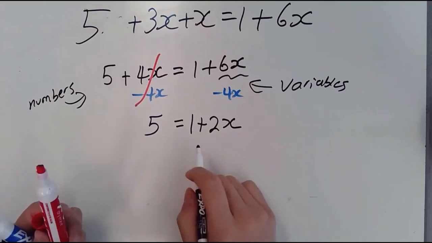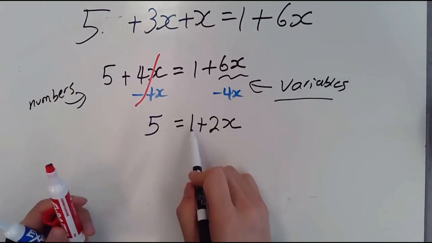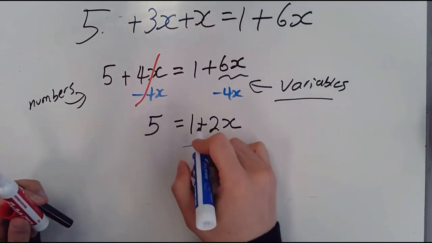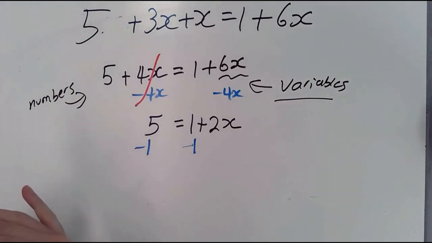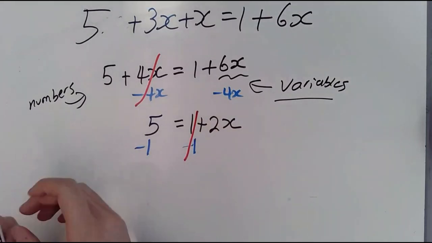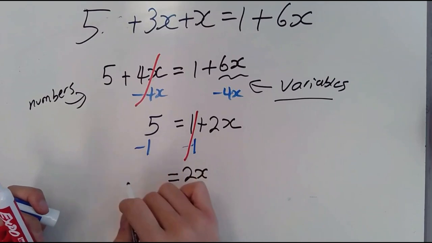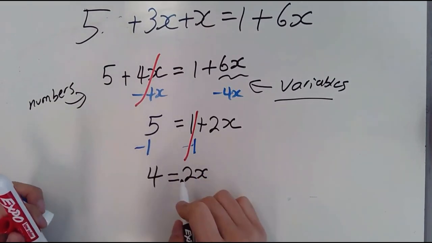And now, on the right side, I only want the variables, so I need to get rid of this 1. And I'm going to do that by subtracting 1 from both sides. Then the 1 and the minus 1 will get cancelled out. And on the right side, I'm going to have 2x. And on the left side, I have to do 5 minus 1, which is 4.